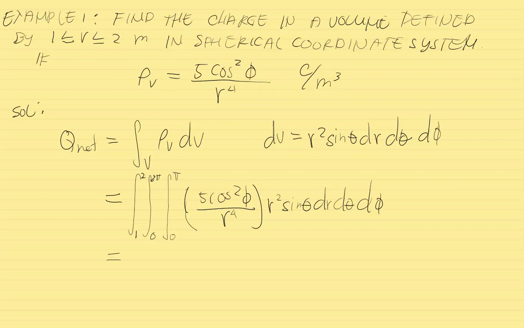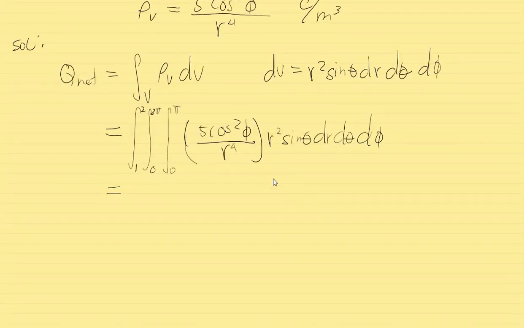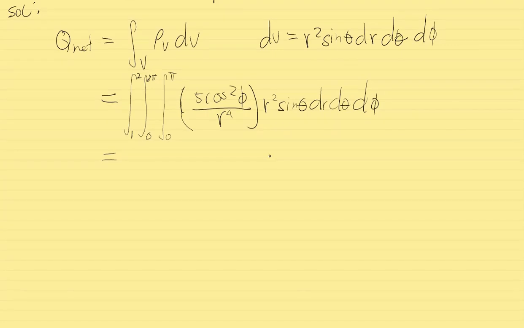This is a triple integration. So simplify first. We can cancel out r squared here. So we have r squared at the bottom, and cosine squared times that.